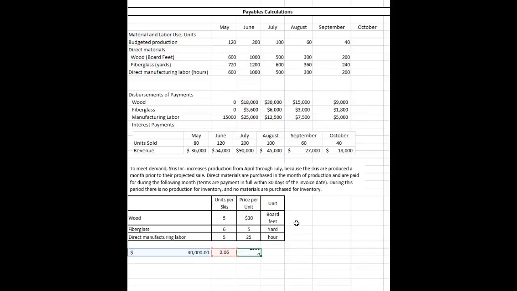So if I take that divided by, that's $1,800 a year, right? But I'm going to make interest payments every month, so I actually have $150 every single month that I've got to pay, and I would put that up here in my disbursements for payments for various items.